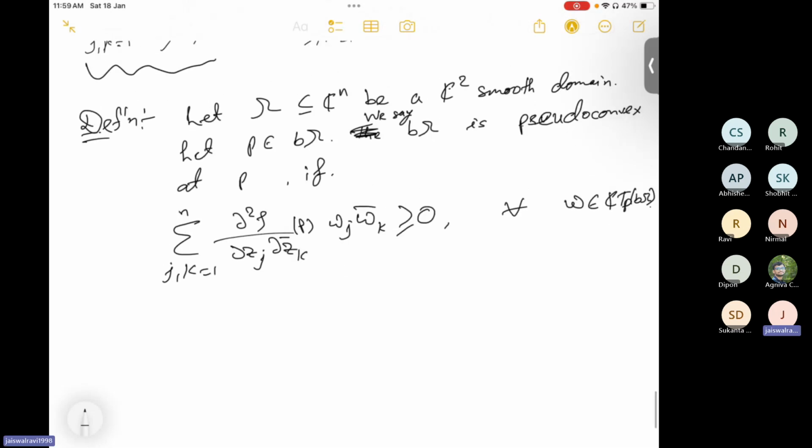So this is the definition of pseudo-convexity at point P.